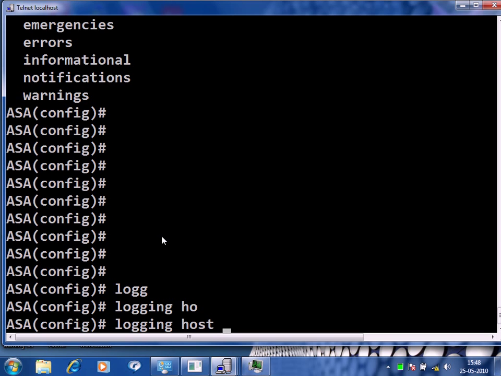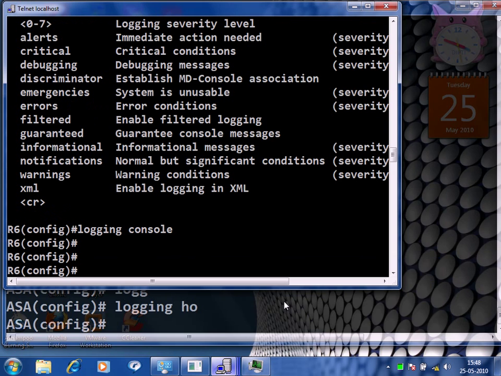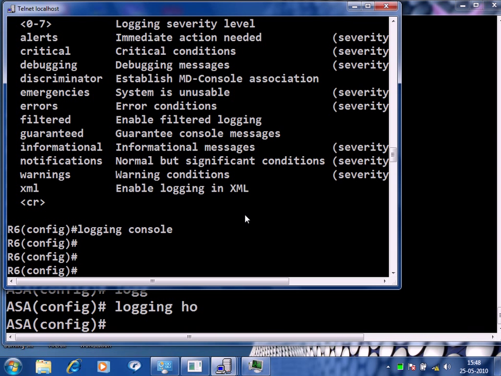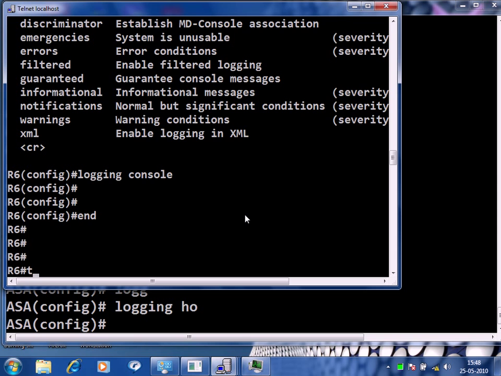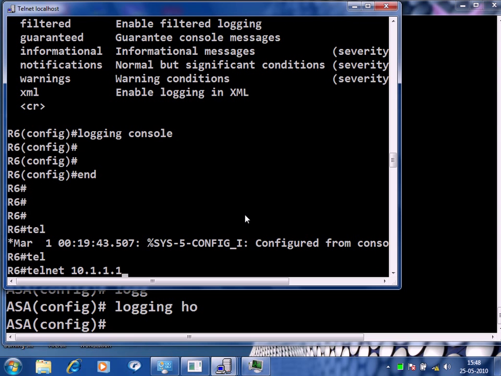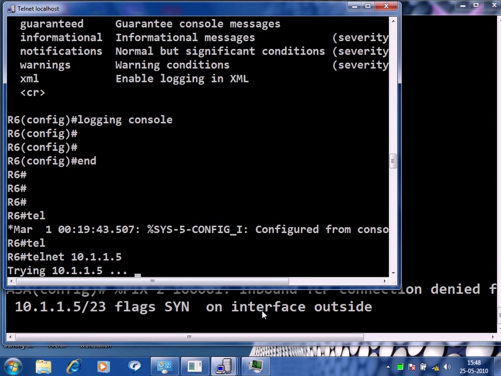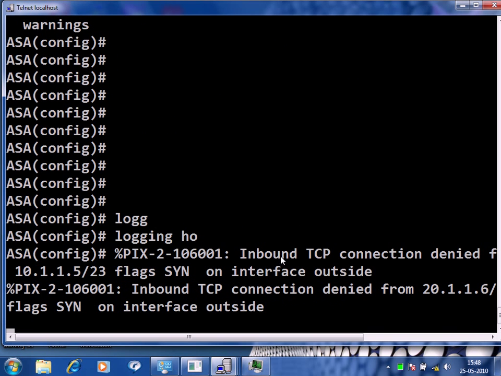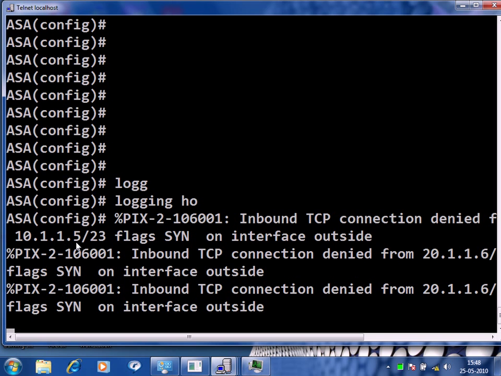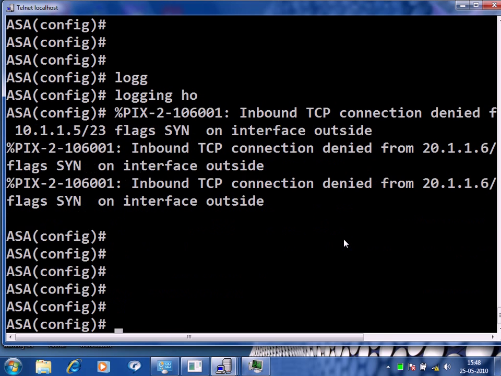Now let's see. Go to outside. This is outside, right? Okay. Telnet again. See, inbound TCP connection denied from 10.1.1.5 flag seen from interface outside.